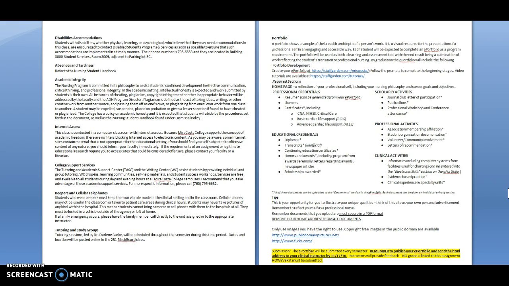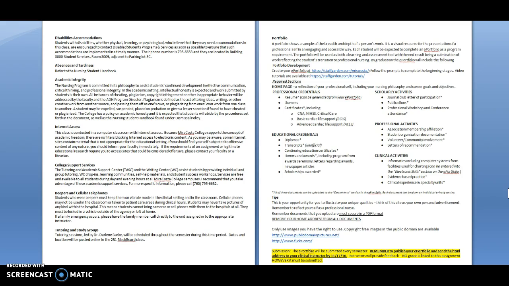Tutoring and study groups, Dr. Burke has a tutoring session, and those are listed. Portfolio assignment is something that's ongoing throughout your entire tenure here in the program, and here is the outline. I know you're already using Staff Garden for those LVN and RN students that are joining us. Please read this carefully.